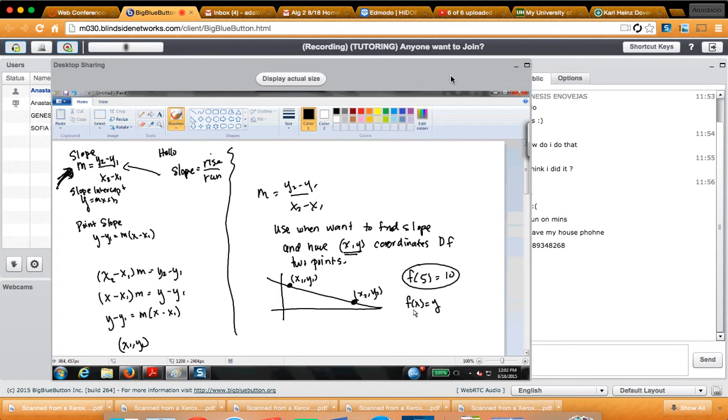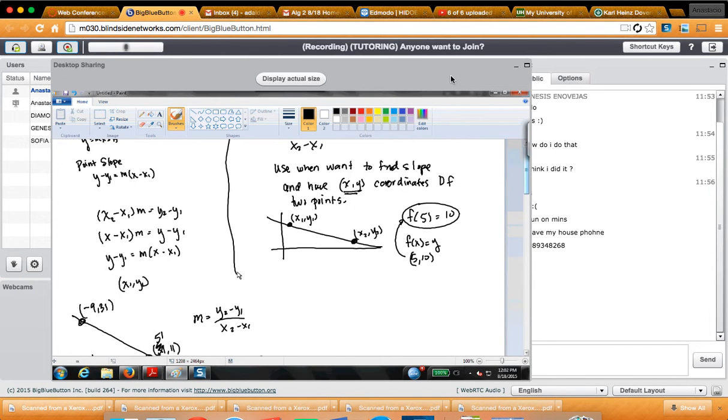So this is saying, hey, when x is equal to 5, y is equal to 10. That's what it's saying. Does that make sense to you? Yes. So really, I did give you a coordinate right there. I didn't straight ahead tell you it. Okay. So that's one equation.